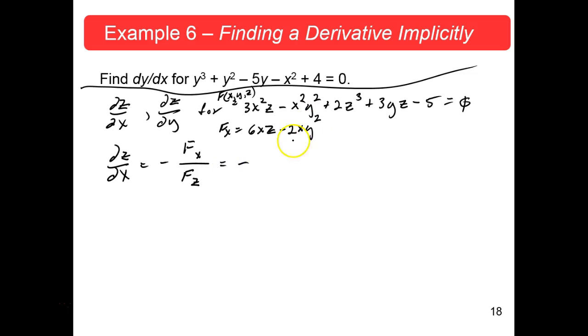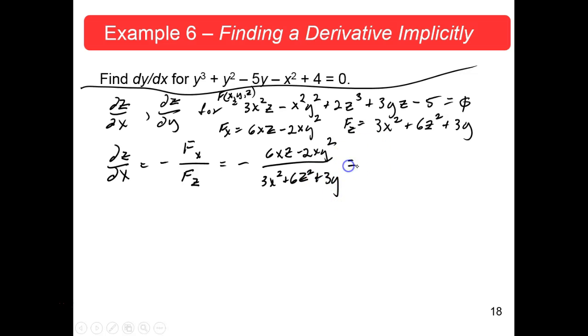So I'm going to write it down as a minus 6xz minus 2xy squared divided by. Now let's do partial of f with respect to z. That's a 3x squared in the first term, nothing from the second term, a plus 6z squared in your third term, a plus 3y from your fourth term, and nothing from the fifth term, so that gives us 3x squared plus 6z squared plus 3y.